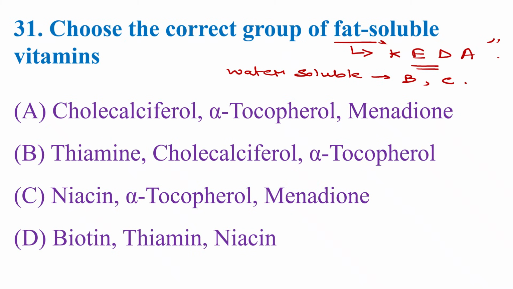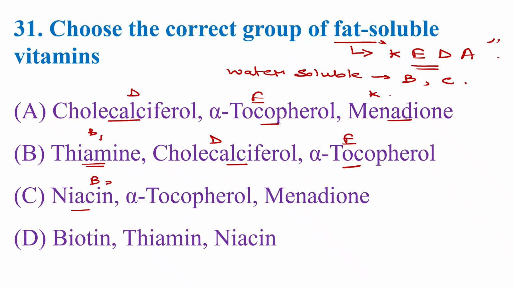So over here, cholecalciferol is another name for vitamin D. Alpha tocopherol is another name for vitamin E. Menadione is another name for vitamin K. Thiamine is vitamin B1, so it is water soluble. Cholecalciferol, vitamin D. Alpha tocopherol, vitamin E. Niacin, we know it's vitamin B3.